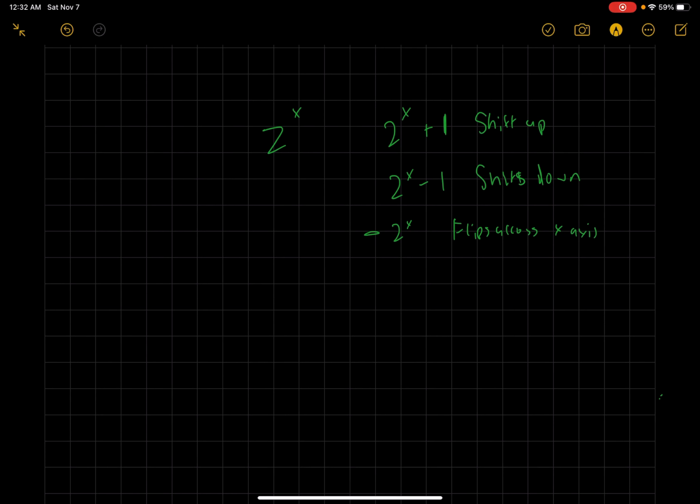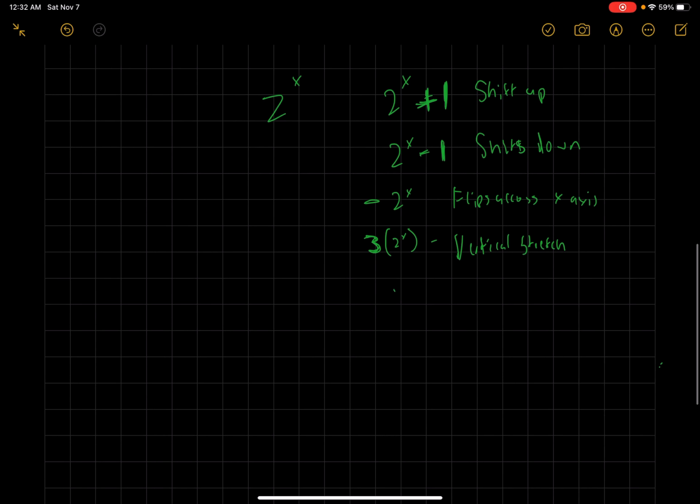Okay? When we multiply an exponential function by something, it gives us a vertical stretch. So here, when we're adding and subtracting, we have a vertical shift. But with this, when we're multiplying it by something, we have a vertical stretch.